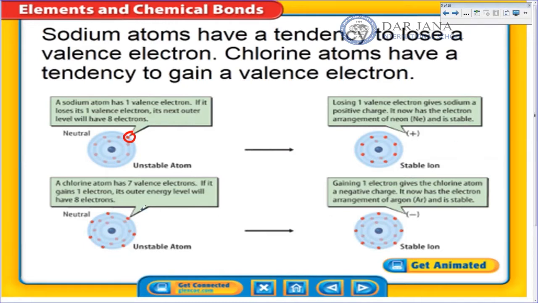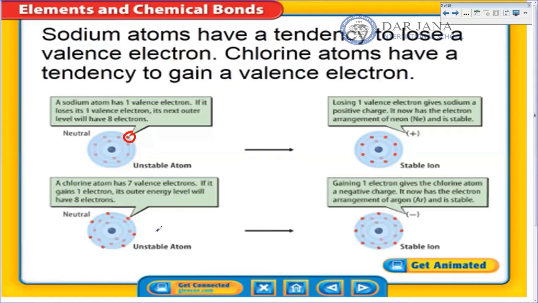If we look down now, we have a chlorine atom. This chlorine atom has 7 electrons on its highest level. This is the highest level here. If you count the number of electrons here, you can see that they are 7 electrons.